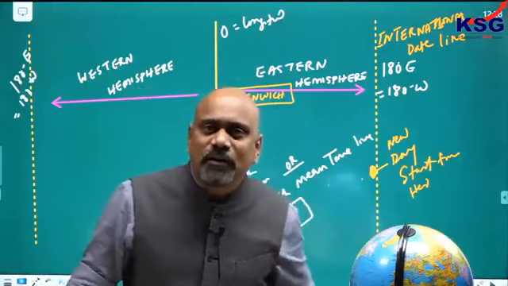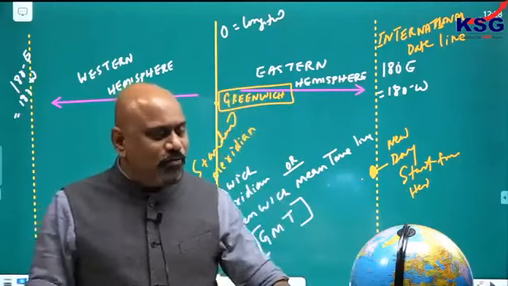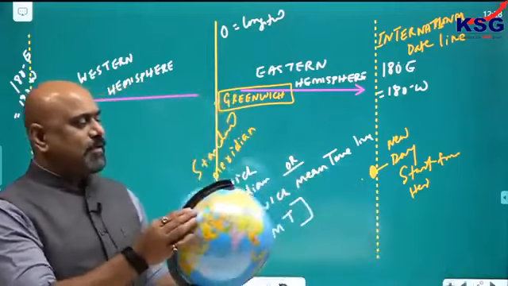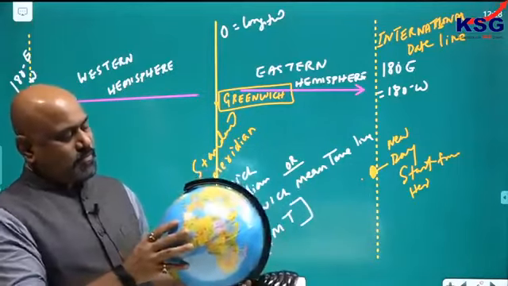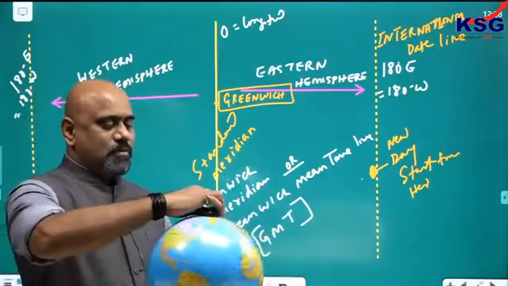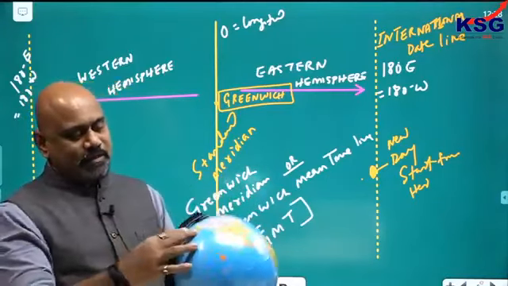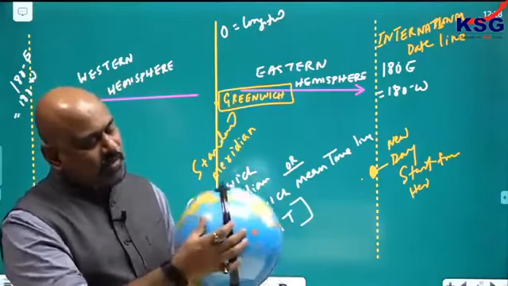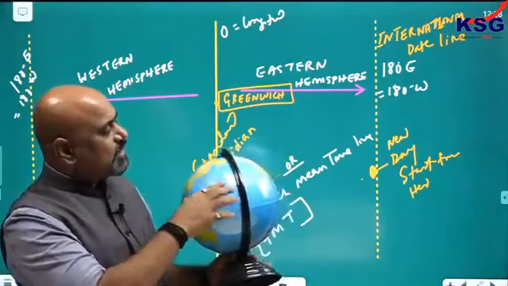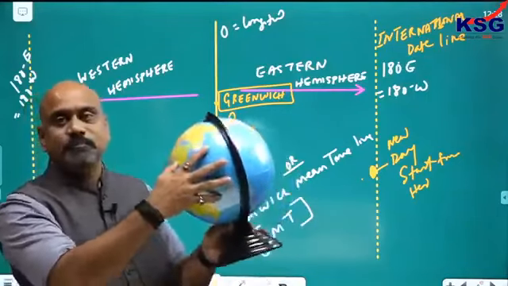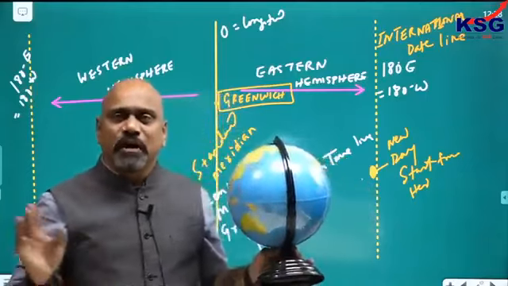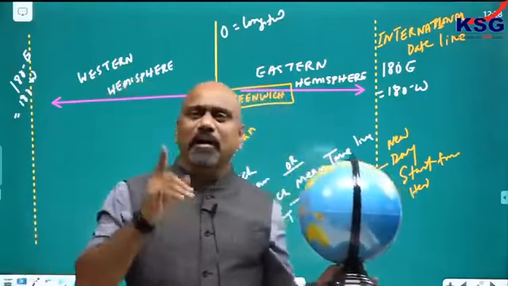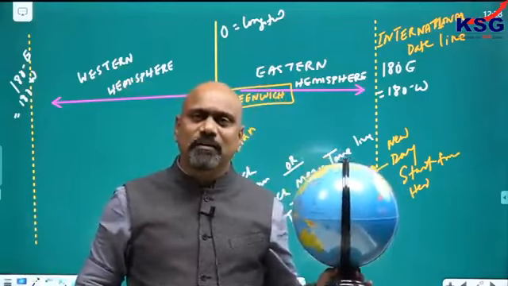Japan is called the country of the rising sun, traditionally. Look here. This is the international date line, and this is Japan. Japan is here. Do you have the atlas with you? Can you just look at the last pages of the atlas where time zones are given?